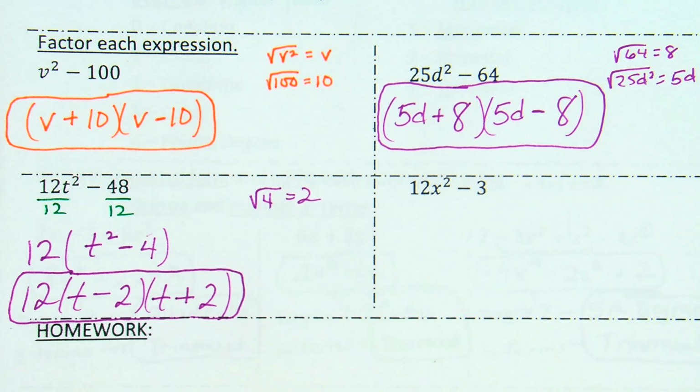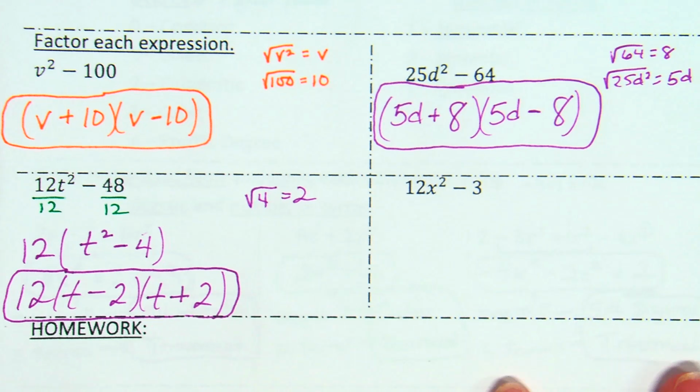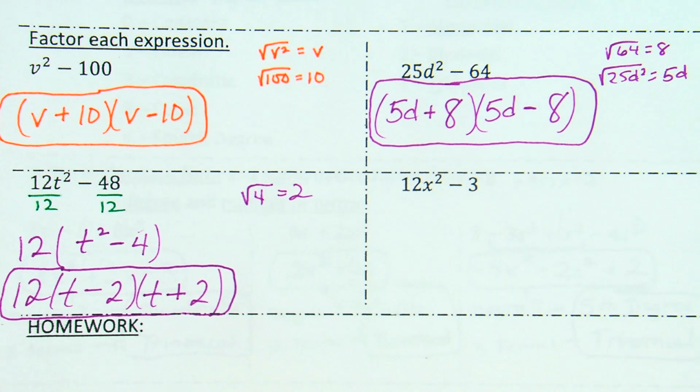How about one more math problem? Okay, what do you know about 12x squared minus 3? I think what she's trying to say is they're not perfect squares. They don't have square roots.